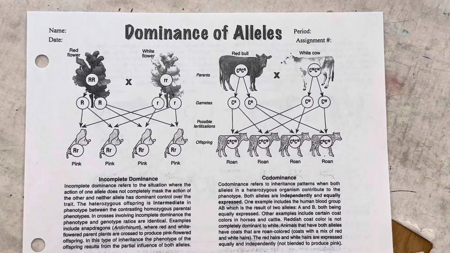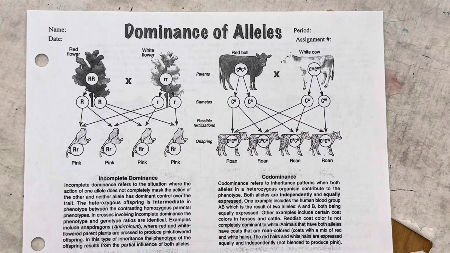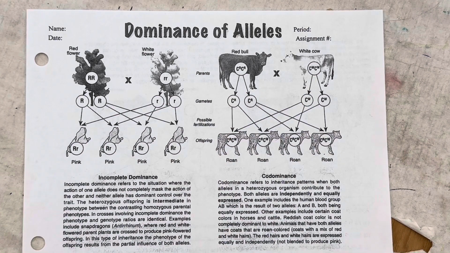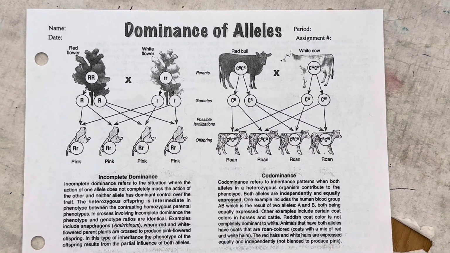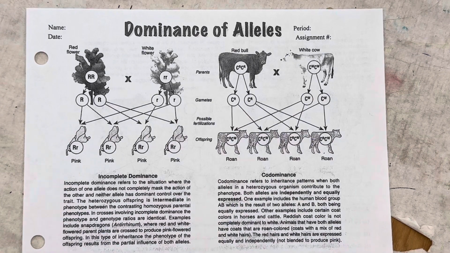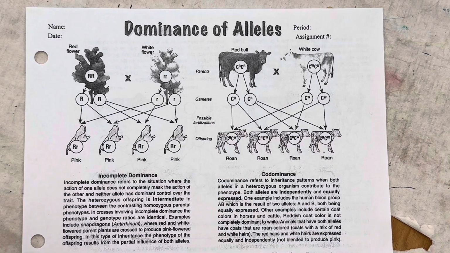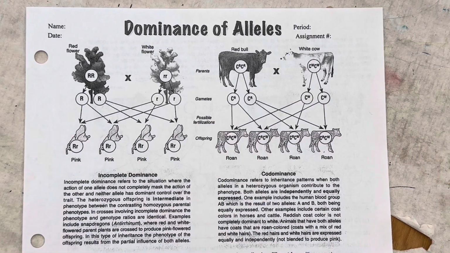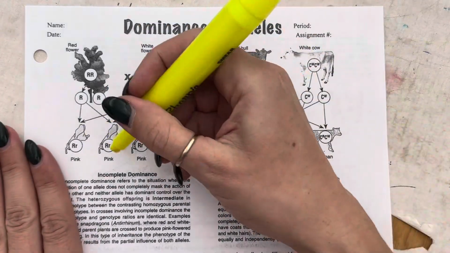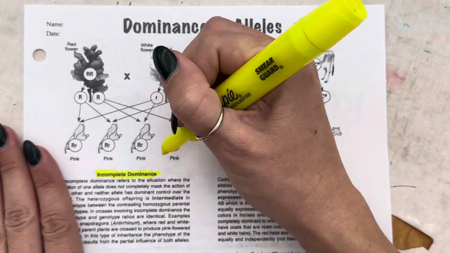So previously in our genetics unit, we have been considering alleles, or different versions of genes, that completely dominate over other alleles. That is not always how alleles interact with each other. Sometimes instead of one allele dominating over another, we have other scenarios happening, like incomplete and codominance.